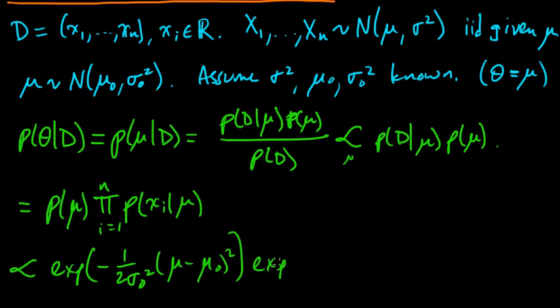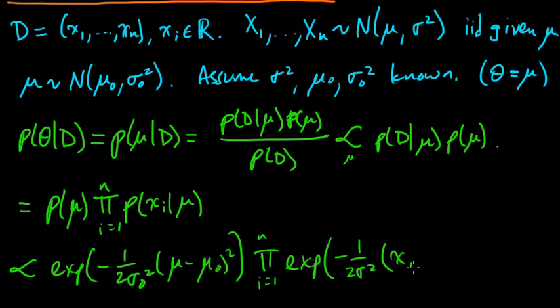Just a one-dimensional Gaussian. And then we've got the product here, e to the minus 1 over 2 sigma squared, xi for the ith one, minus mu squared. All right, looking good.